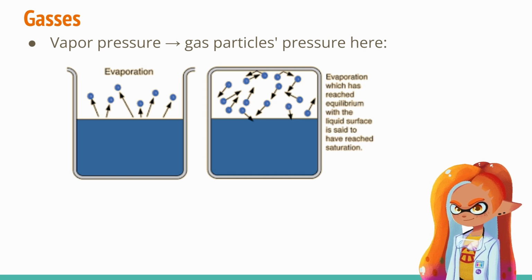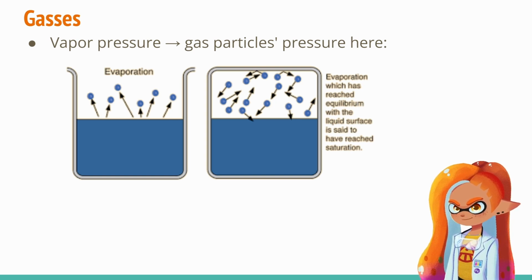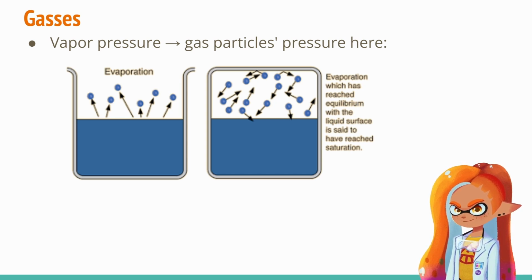There is a certain amount of gas molecules that can exist in that container, some threshold. When that threshold is reached, you are at equilibrium. You need to know what equilibrium is. We will talk about equilibrium in way more detail in a future unit.